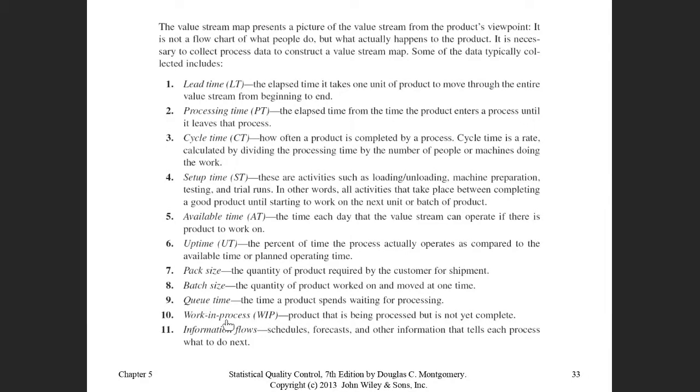This could happen and sometimes could not happen. But also this can be identified in different steps in the map, so it shows how the product is moving from one step to another.